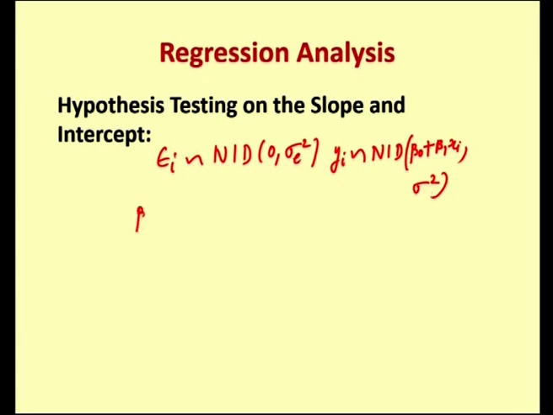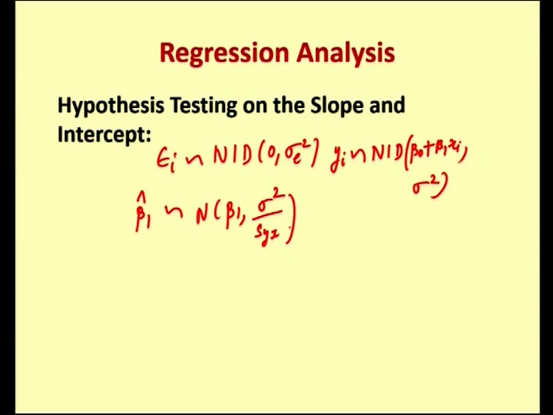We know that beta 1 cap is a linear combination of observations from the least square estimator, and it follows normal with mean beta 1 and variance sigma squared by SXX.